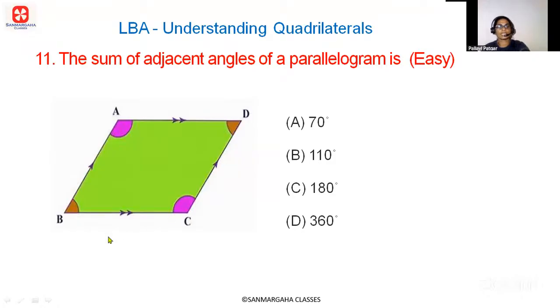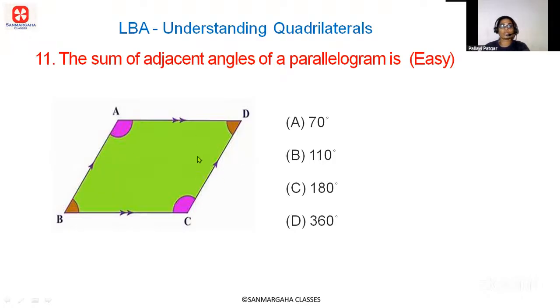So AD is parallel to BC. When a side of the parallelogram acts as a transversal line across these parallel sides, the adjacent angle becomes consecutive interior angles.